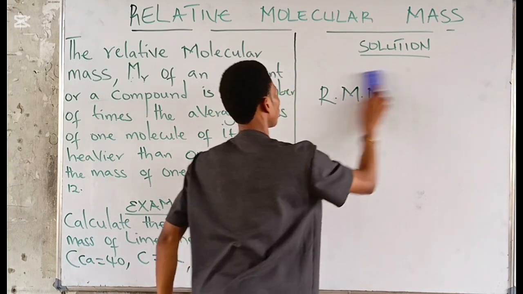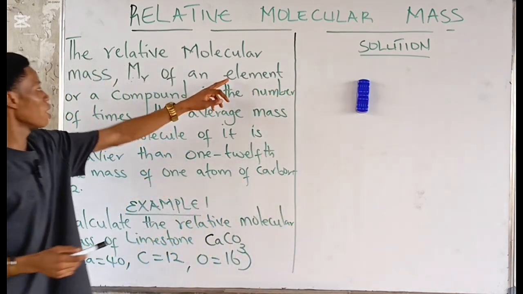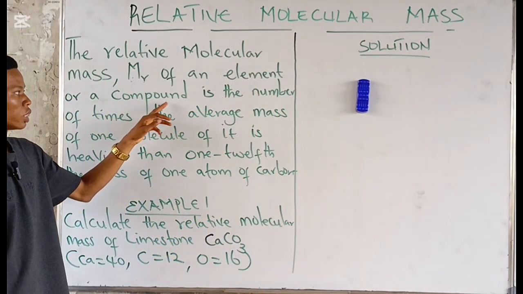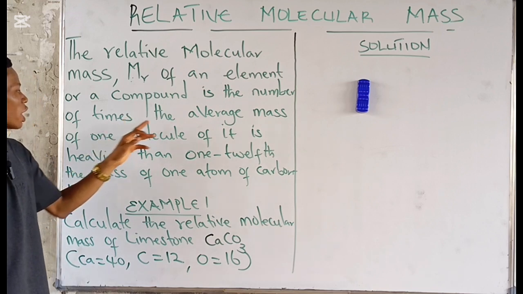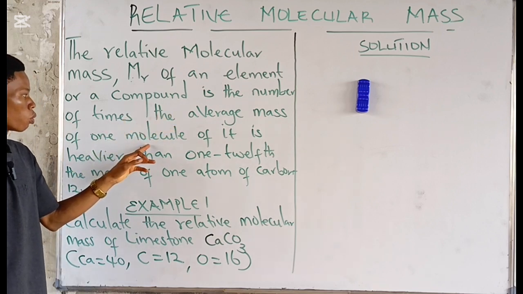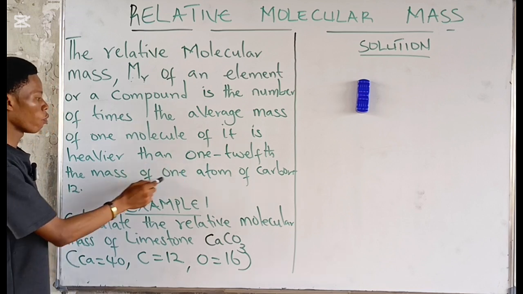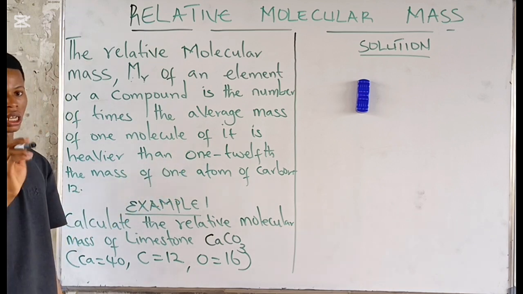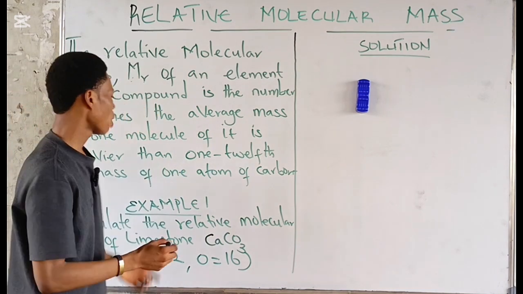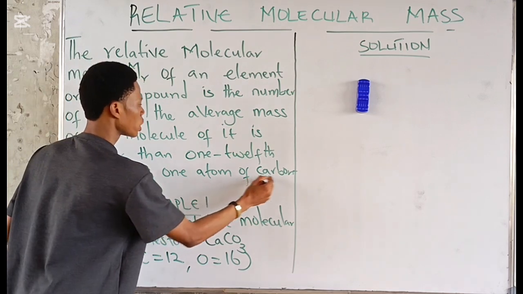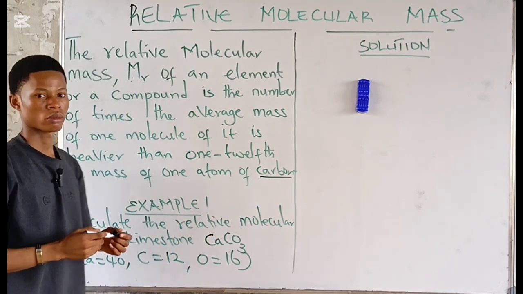The relative molecular mass of an element or a compound is the number of times the average mass of one molecule of it is heavier than 1/12 the mass of one atom of carbon-12. Let me explain what that means. Carbon-12 is always taken as our reference point.